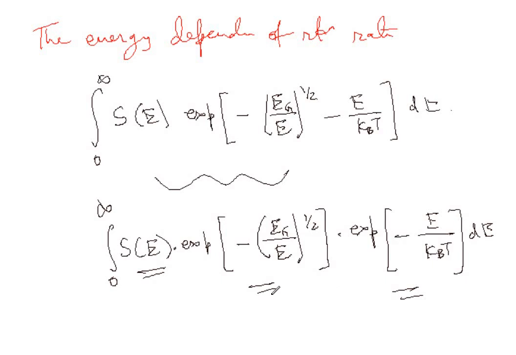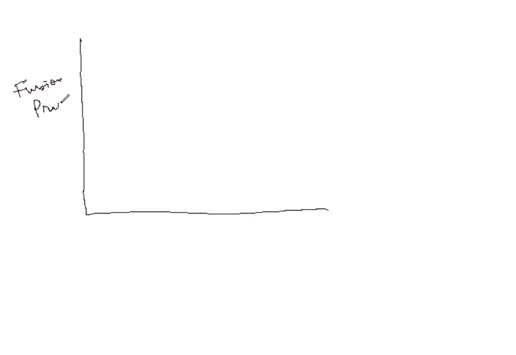And this behavior, let me show you in a diagram. Okay, so you see this is the fusion probability and this is energy, and this is your tunneling probability.